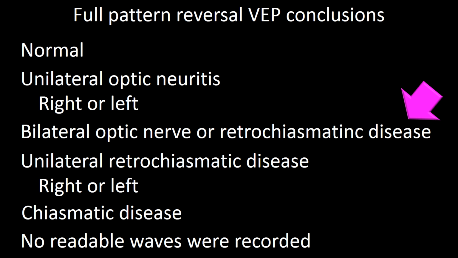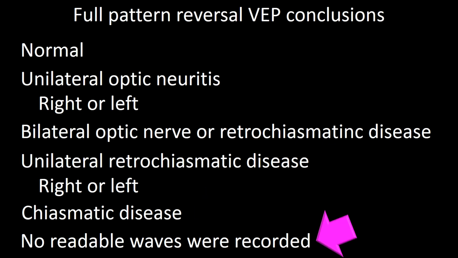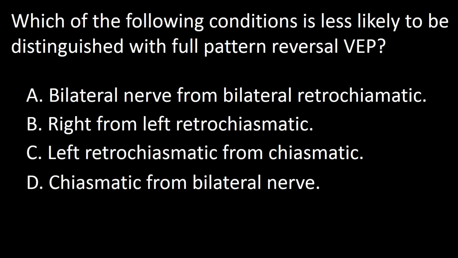The two conditions cannot be distinguished from each other by visual evoked potentials. Right or left retrochiasmatic disease, chiasmatic disease, or it must be concluded that the study cannot be interpreted. So the answer to this question is A.